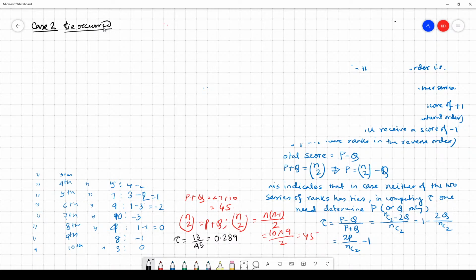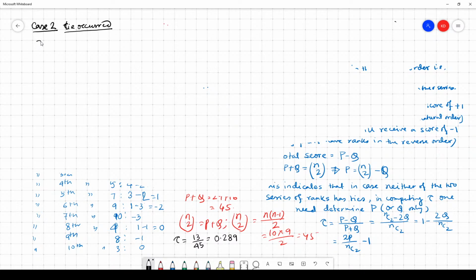Tie occurred. Now we can write tau as a product moment correlation coefficient.